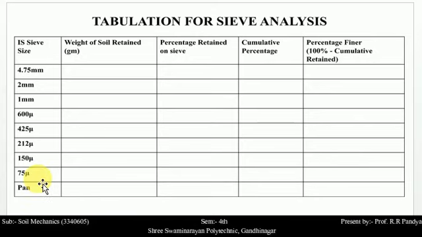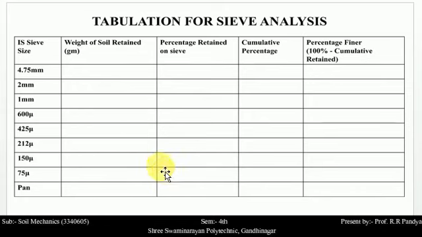For soil with diameter up to 4.75 mm, we can take this type of IS sieves. On the bottom there is the pan, then the 75 micron sieve, then 150 micron, 212 micron, 425 micron, 600 micron, then 1 mm, 2 mm, 4.75 mm, and up to 20 mm.